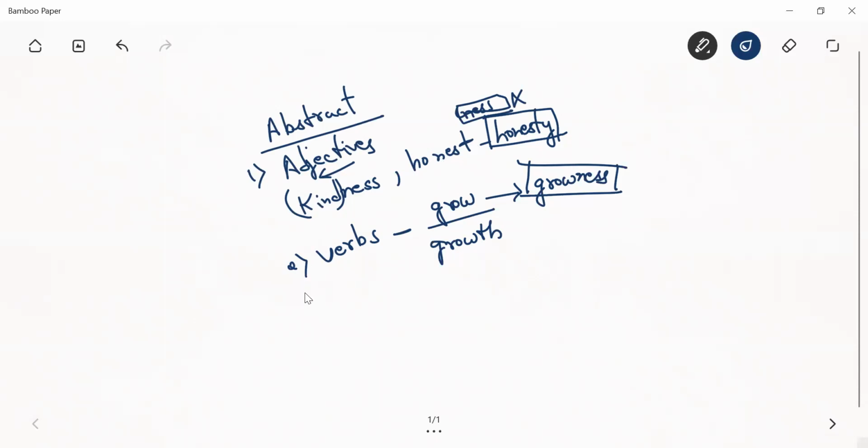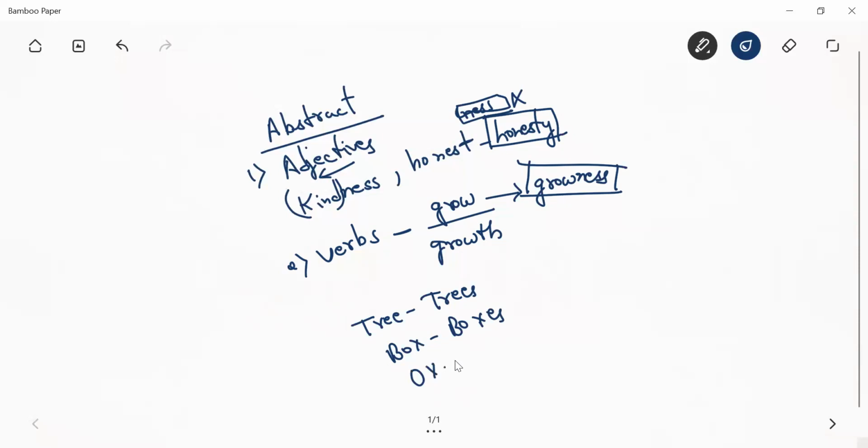Now, you also have singular and plural nouns. Have you read singular and plural nouns? Then how do we make it? Tree, we add s, trees. Then you have box, which becomes boxes.